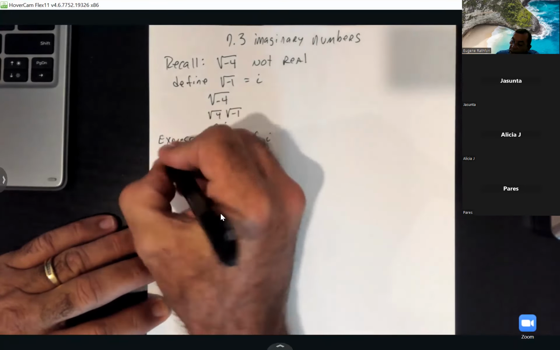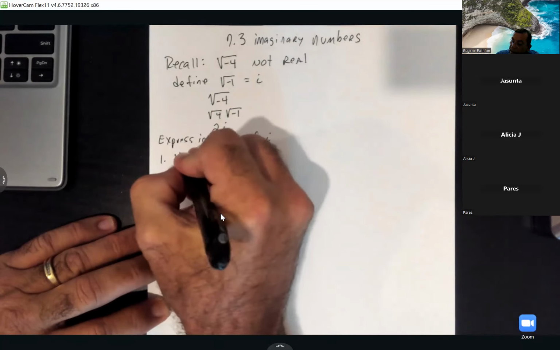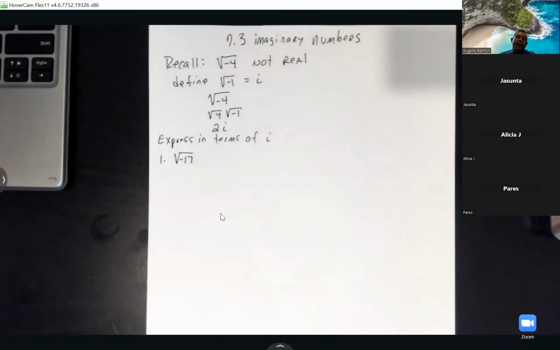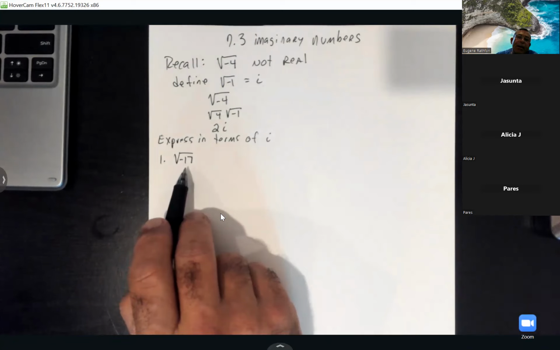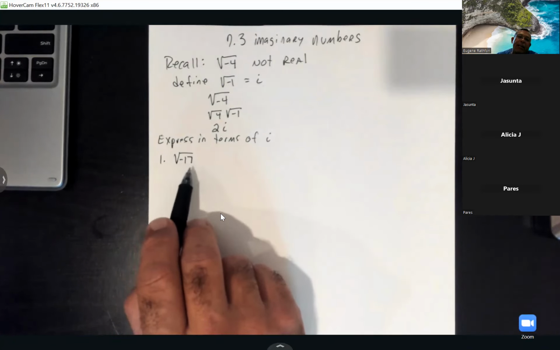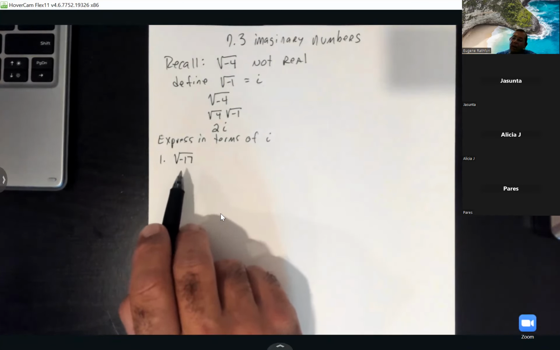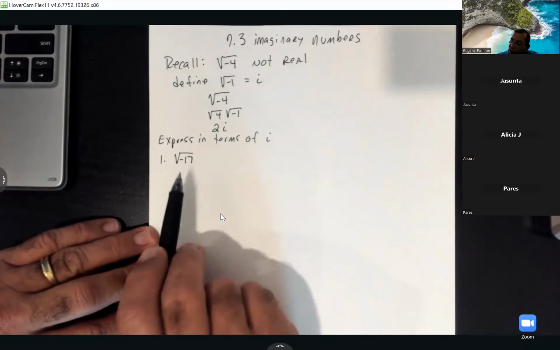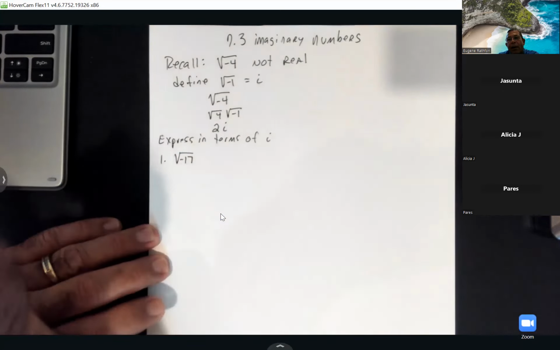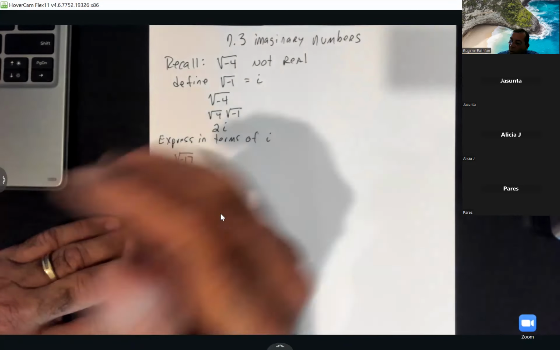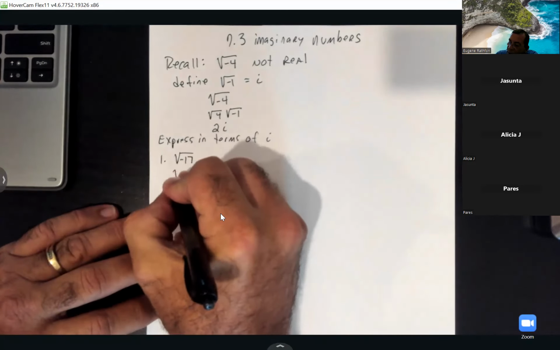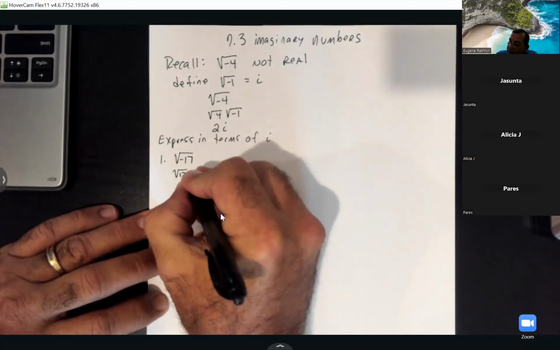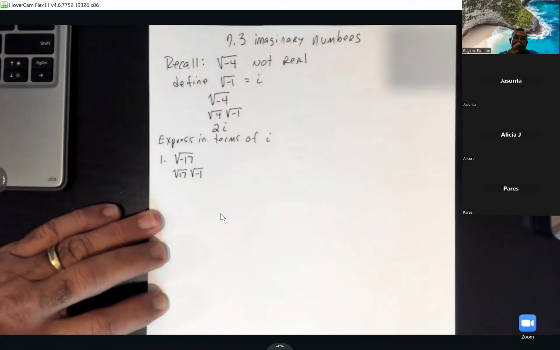So y'all, number one, they're giving me the square root of -17. Now, the calculator will give you the i, but it's going to give you a decimal approximation. All we've got to do on this one, since 17 doesn't break down into any perfect squares, is bring out my 17 and my -1.